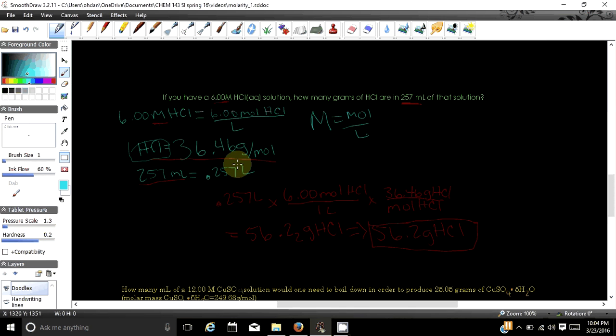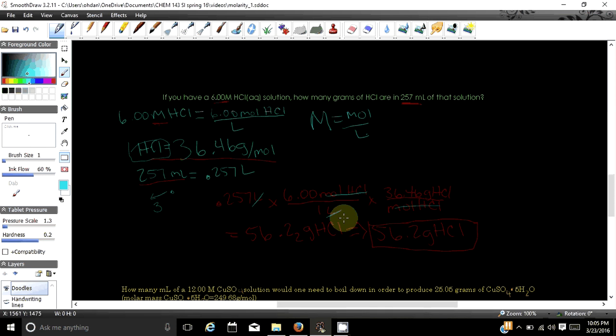This should be a really quick thing for you guys to do. You're just moving the decimal 3 places to the left. That's all I did there. So 0.257 liters times our 6 moles of HCl over 1 liter times our molar mass. Our liters will cancel. Our moles of HCl will cancel.